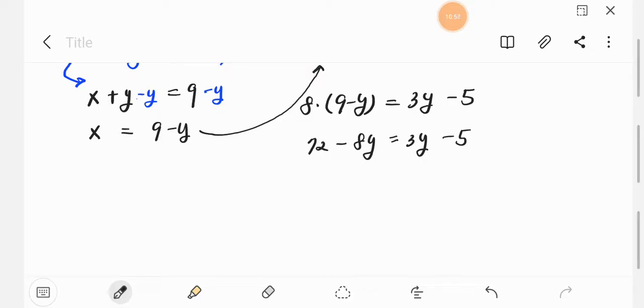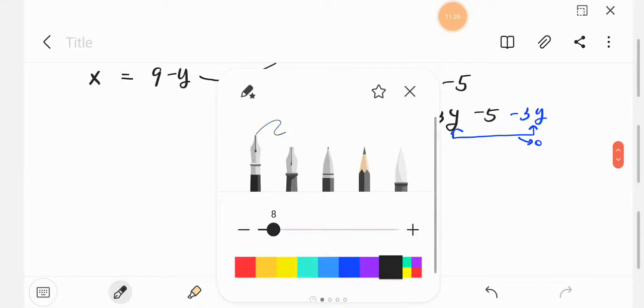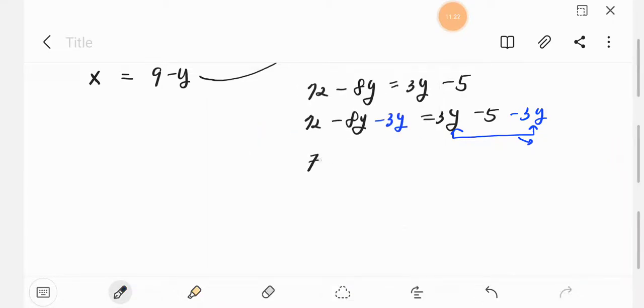So let's collect all the variable terms to the left. Minus 3y each side, so that you can make this one 0. Then 72 minus 11y equals negative 5.